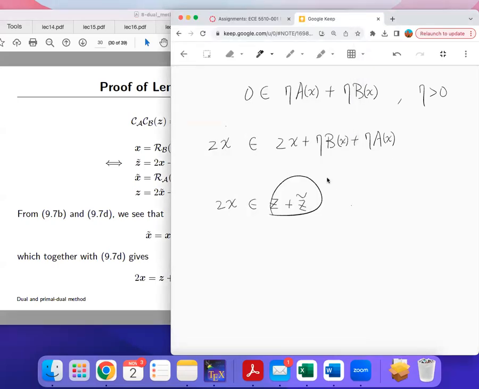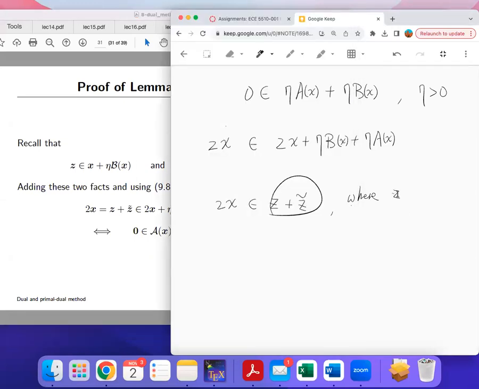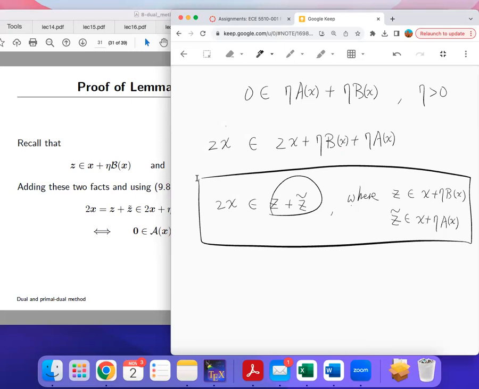Let's write down everything we have. z belongs to x plus eta Bx, z tilde belongs to x plus eta Ax. This is the equation that we built.